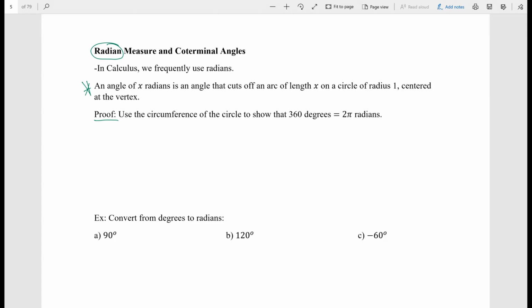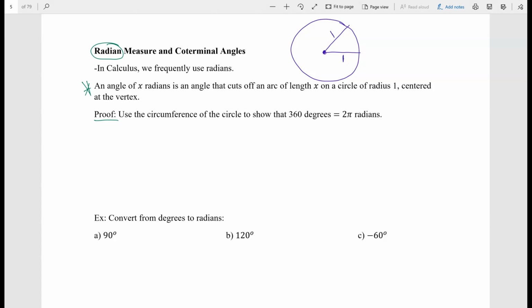So what does that mean? Let's say this is my circle, and here's the center of the circle. Remember, this is radius 1, so it's a circle that is either 1 meter, 1 inch, I don't know.